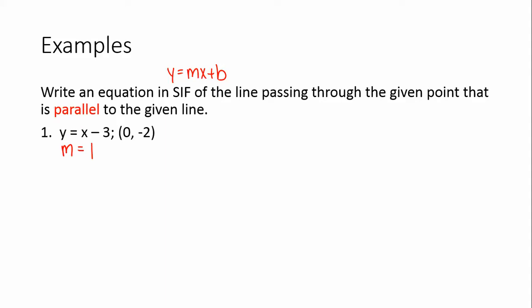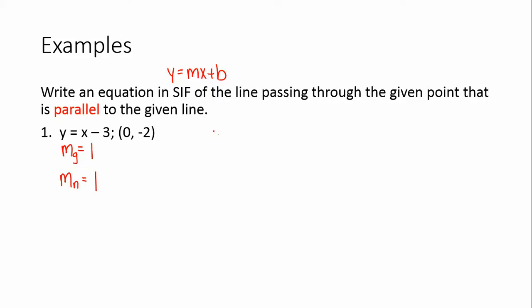And we're writing an equation of a line parallel to that, so what will our slope be? I'm going to put slope of the given line, that's what that g is going to stand for, and the slope of the new line that we're going to write is also going to be 1 because parallel lines have the same slope. So now we want to use point slope form. It's a little bit easier than trying to plug in and solve for b.